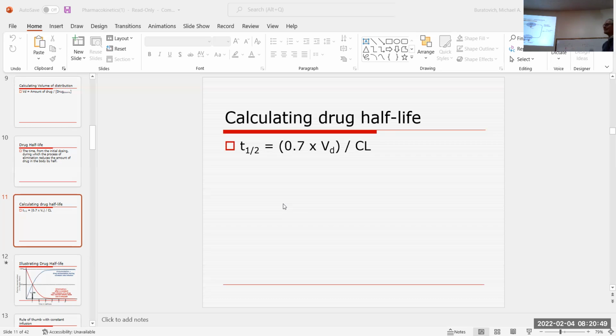Some drugs experience extensive breakdown before they ever get to the systemic circulation. This is called the first pass effect. And the first pass effect can greatly reduce the bioavailability of certain oral drugs.